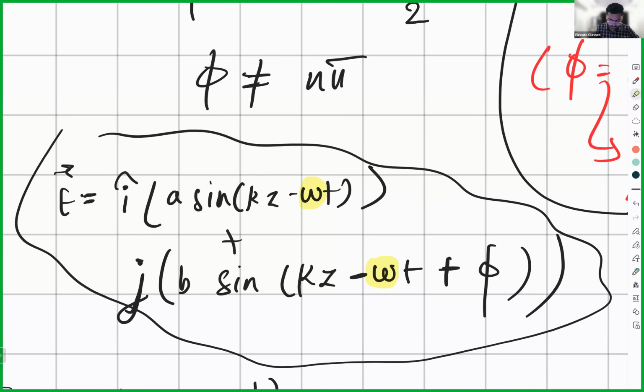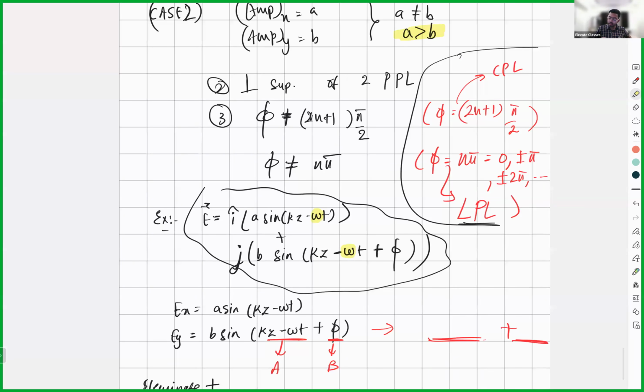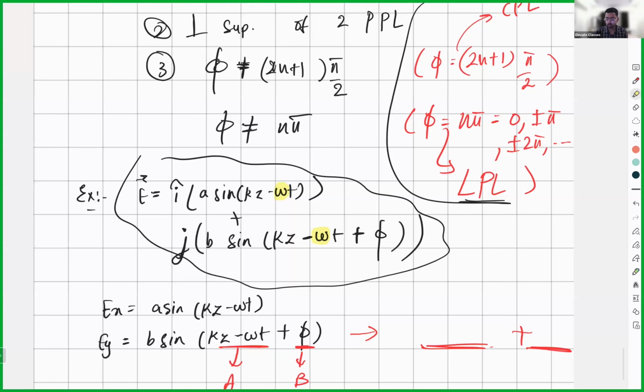So for such cases, either in the SHM or in the waves, I get this type of expression. Now this expression is nothing but the tilted ellipse expression. This represents a tilted ellipse.